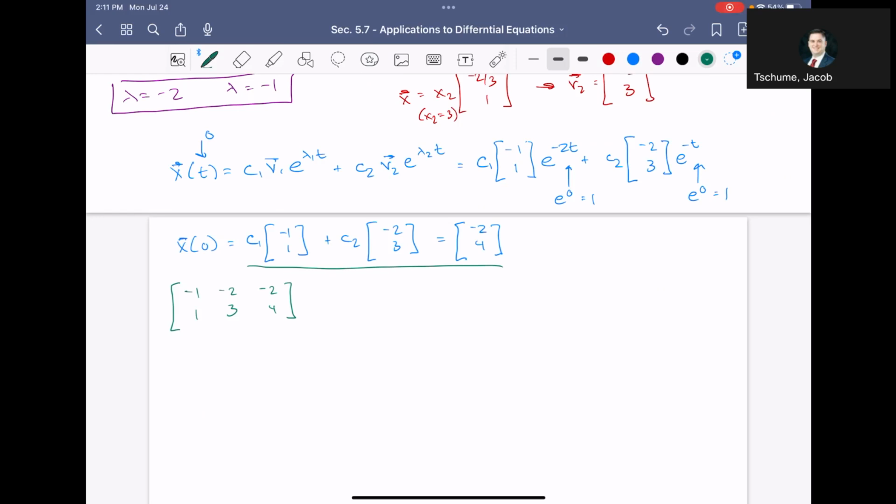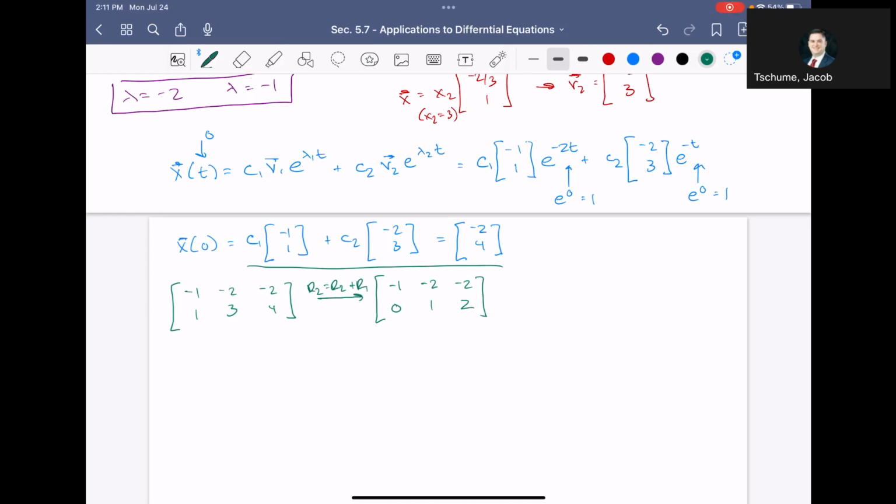All right, so row reduce at whatever rate you want to. Let's see. I'm just going to leave them where they're at right now. I'm going to take row 2 and I'm going to add row 1 because 1 plus -1 is 0. So -1, -2, -2. This should be 0. That should be 1. And then that should be 2.